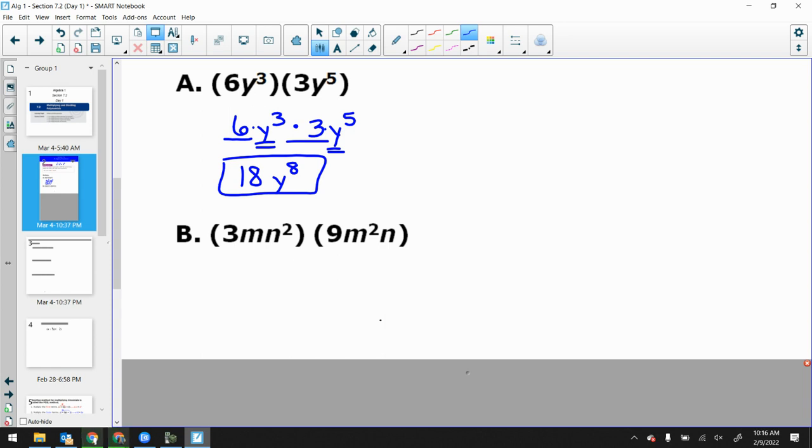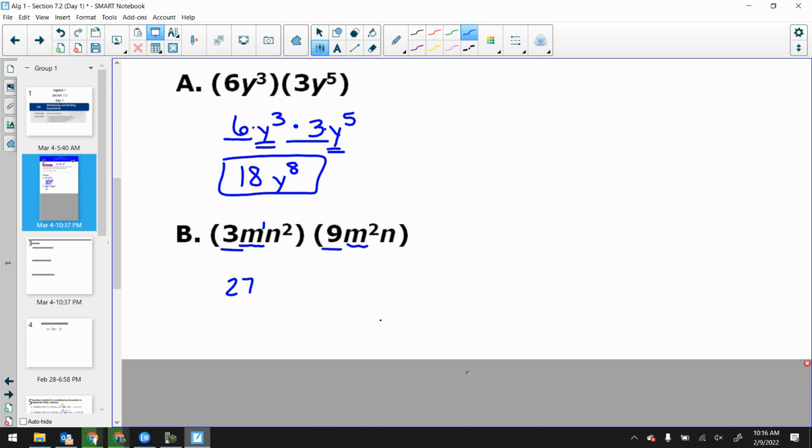We got 3 times 9. Multiply common pieces together. 3 times 9 is 27. What do I get when I multiply those m's together? 4. I take m to the first times m to the third.